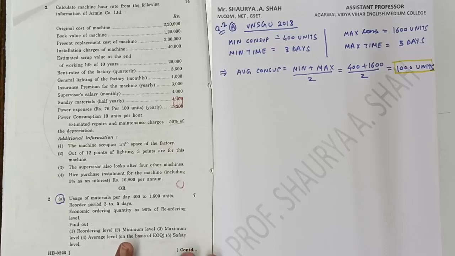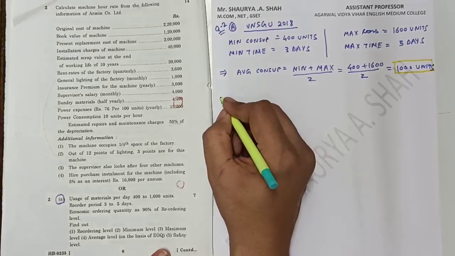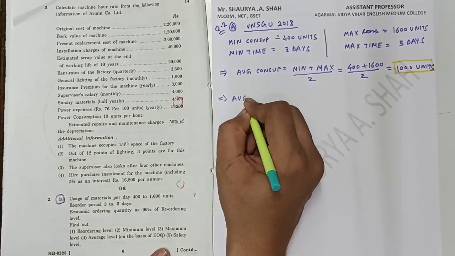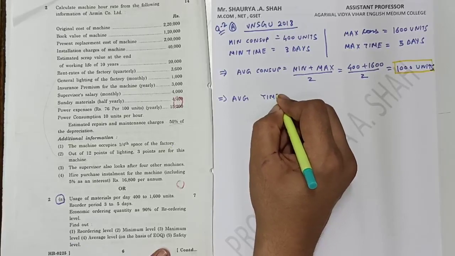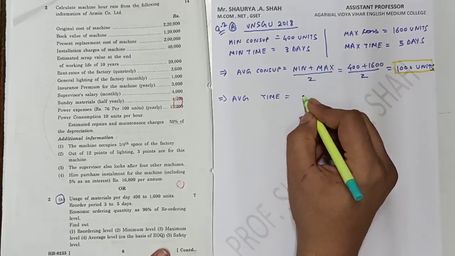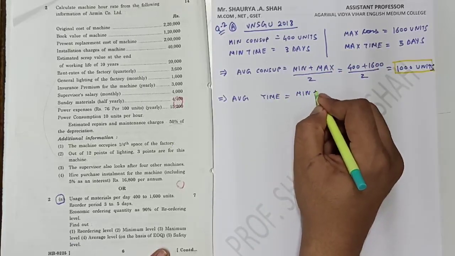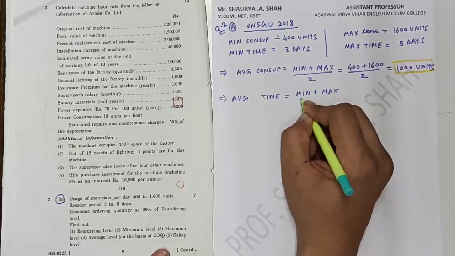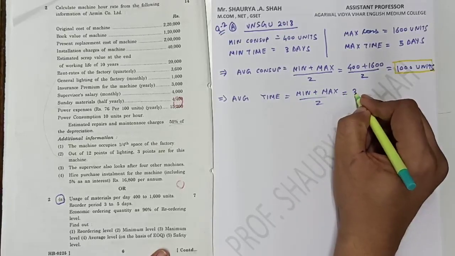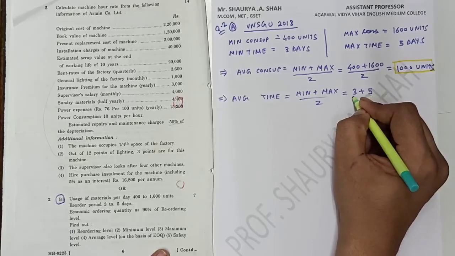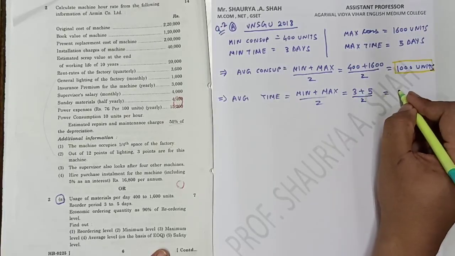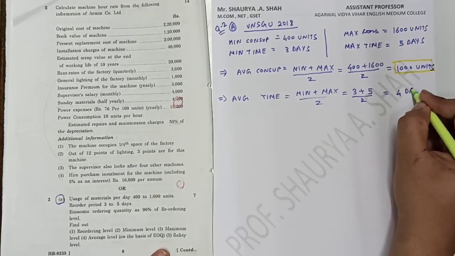Now the next thing is to find out again average time. Average time is equals to minimum time, same formula, but it will be time. Minimum 3 days plus maximum 5 days divided by 2. So it gives me the answer of 4 days.